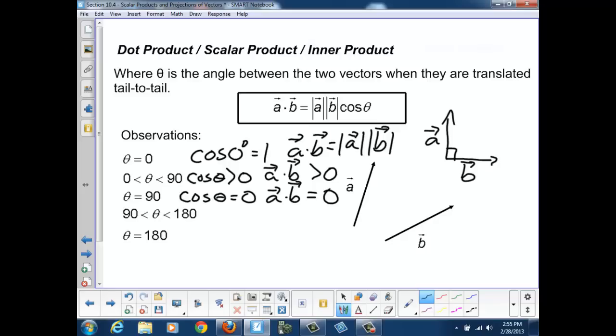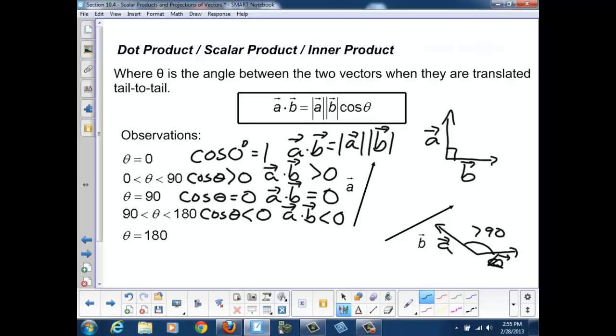When theta is in the second quadrant, between 90 and 180 degrees, so my vectors form an obtuse angle, we know that the cosine in the second quadrant is negative. So cosine theta is less than 0. Which means that my dot product will also be less than 0 because magnitudes are always positive.